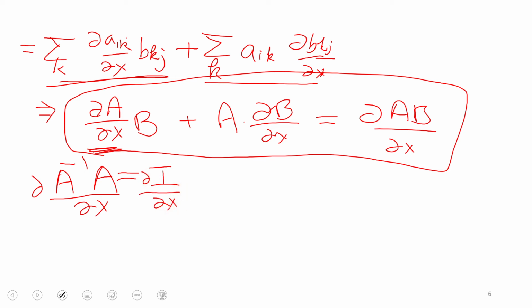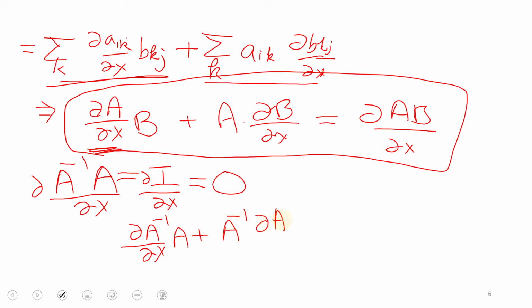For the constant, the partial is 0. And for the partial of A inverse times A, we can use the product rule. So the partial of A inverse with respect to partial x times A plus A inverse times the partial of A with respect to partial x is equal to 0.